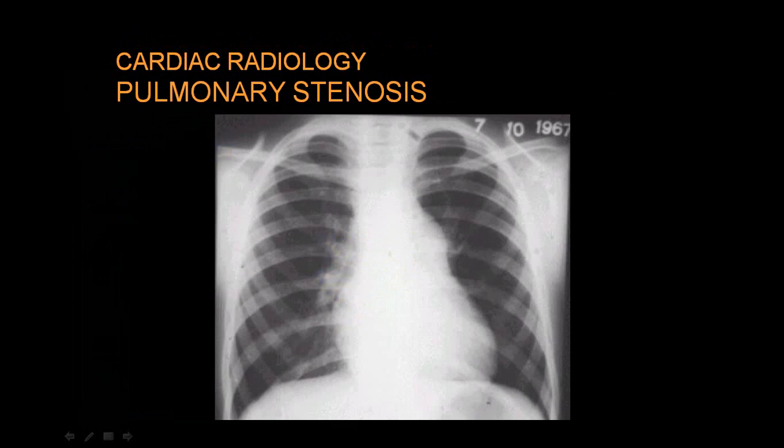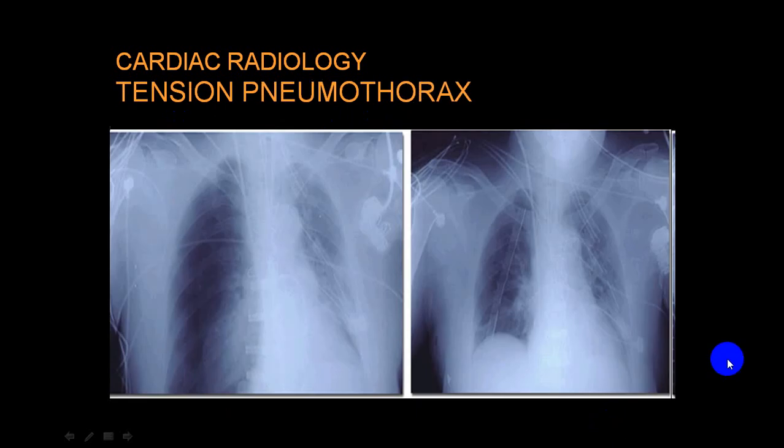Such things you can get, we call oligemia in a case of pulmonary stenosis. So in pulmonary stenosis, the vascular markings in the lung fields will be markedly diminished. And because of pulmonary stenosis, we will get right atrial enlargement and right ventricular enlargement. So if you get right atrial enlargement with diminished vascular markings, it is in favor of pulmonary stenosis.